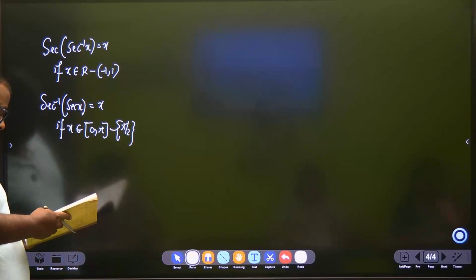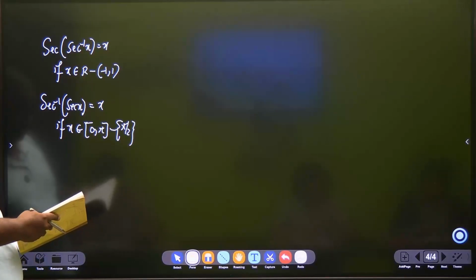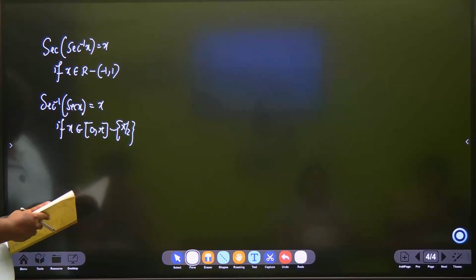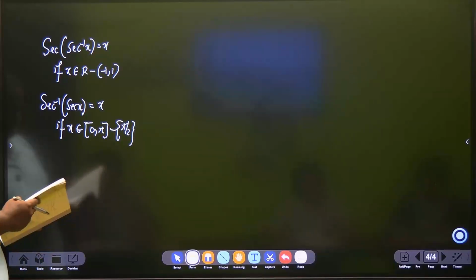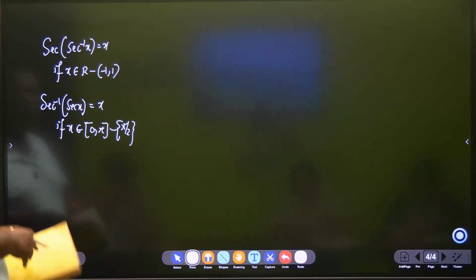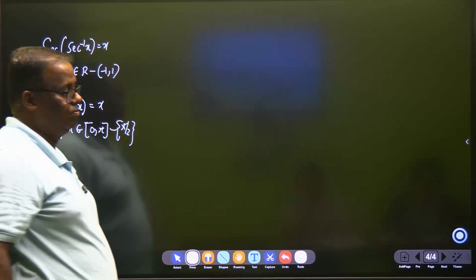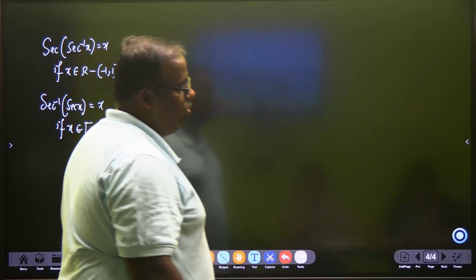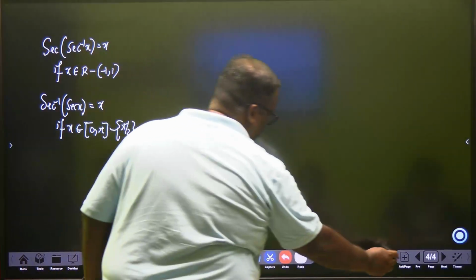Okay, let's take some examples. When you learn differentiation, you will see sine inverse x differentiation is always 1 by root 1 minus x square.